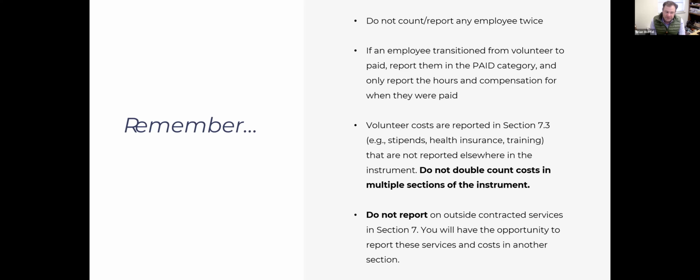So, and this is probably a good reminder of a question is, before you even start any portion of the tool, you have to properly define what the reporting entity is. So if the municipal government is unified, meaning there's not a separate entity for the police versus fire versus EMS, etc., then the reporting entity is the municipal government.